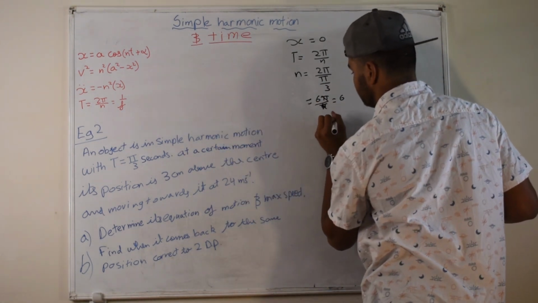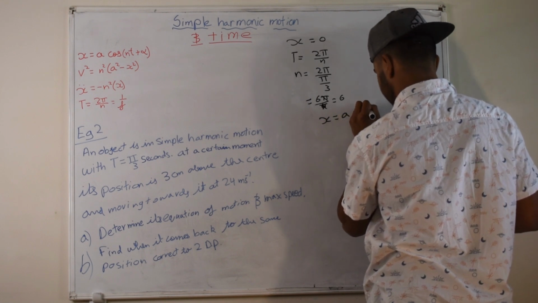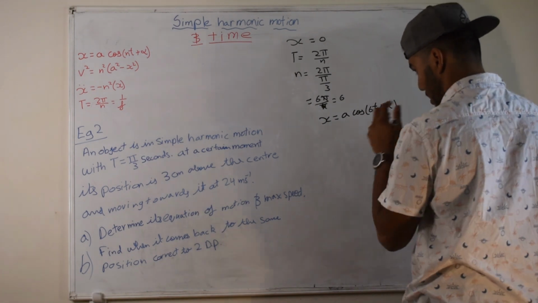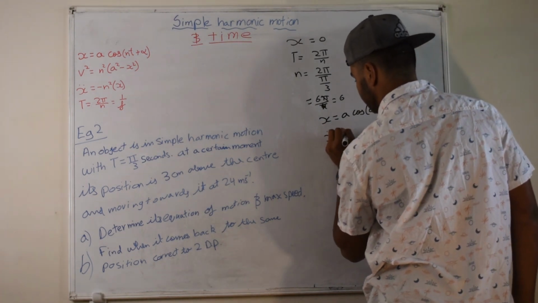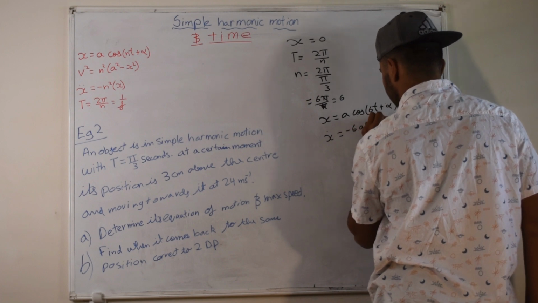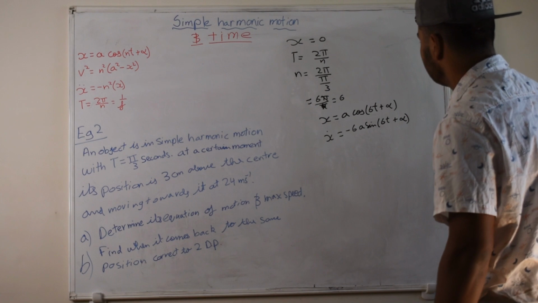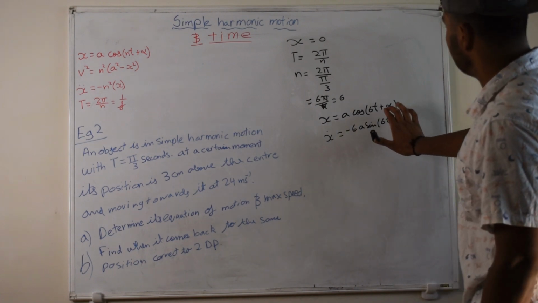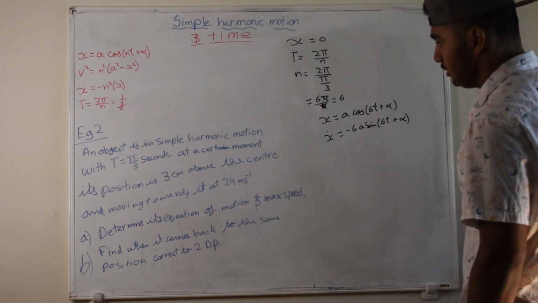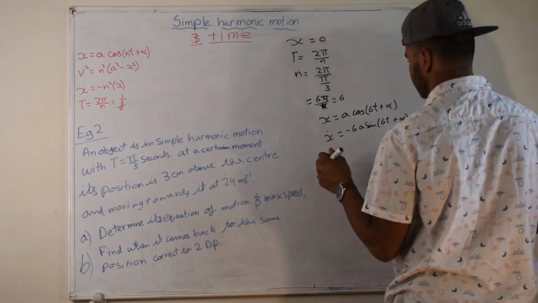Come back to this equation over here. We have x equals a cos(6t plus alpha). x dot equals negative 6a sin(6t plus alpha). Correct? When t equals 0, x equals 3 in this case.